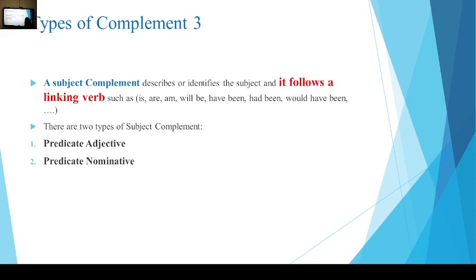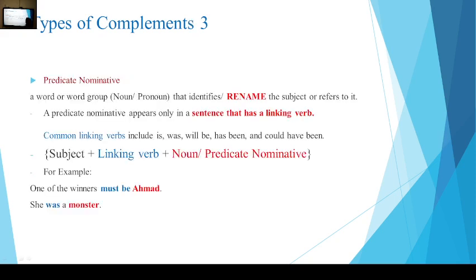Let me give you examples. A predicate nominative is a word or word group that identifies or renames the subject or refers to it. Of course, it appears only in a sentence that has a linking verb. So the form of the sentence would be subject, linking verb, and then a noun.